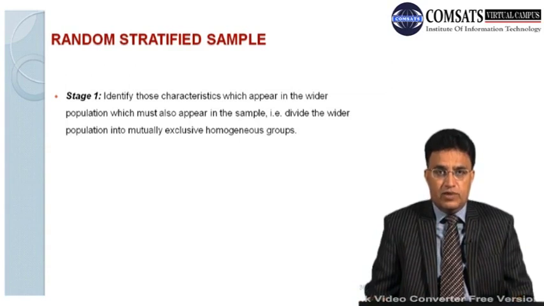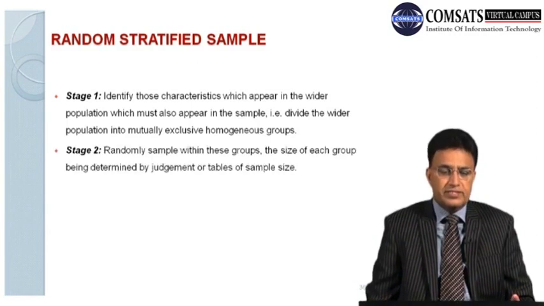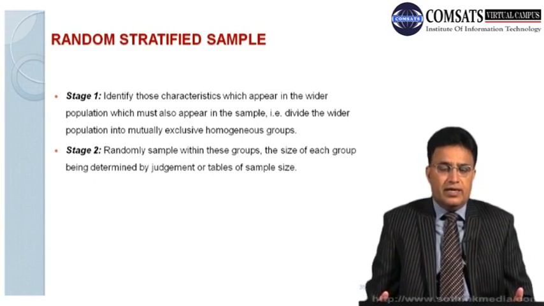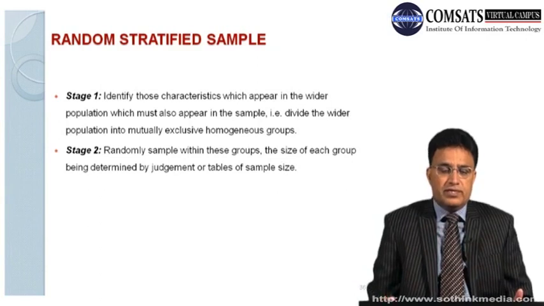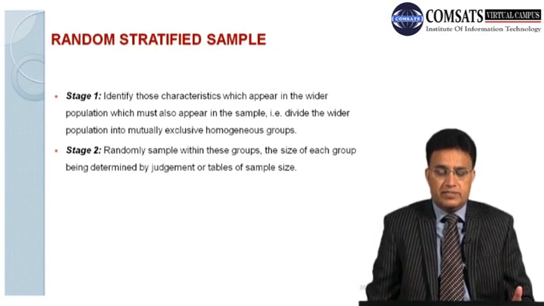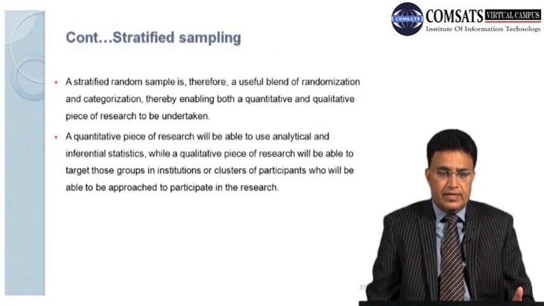That is, divide the wider population into mutually exclusive homogeneous groups. Stage number 2, randomly sample within these groups, the size of each group being determined by judgment or tables of sample size.